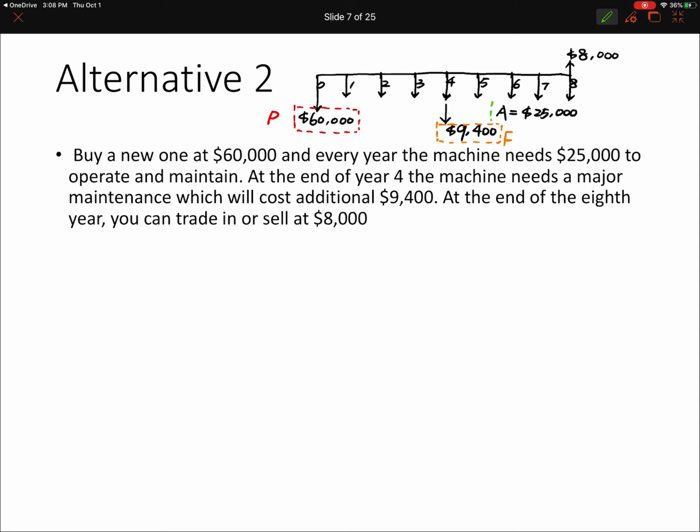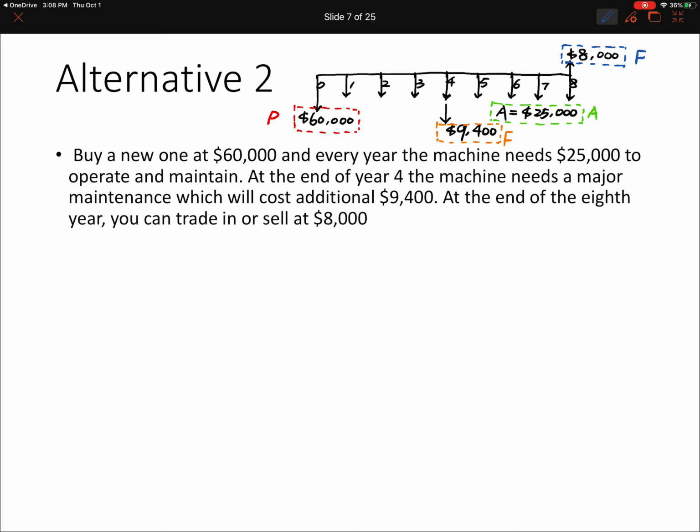So it's an F. And we have another annuity, and then another future value at the end of the 8th year. So we have four types of cash flows.